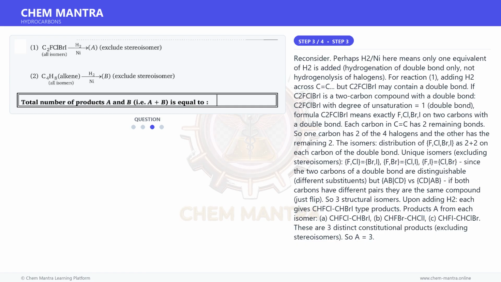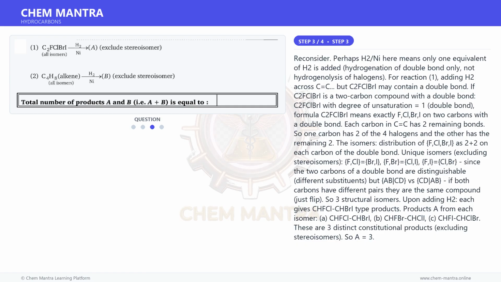If it is a 2-carbon compound with a double bond, degree of unsaturation is equal to 1, the formula means F, Cl, Br, I on 2 carbons with a double bond. Each carbon in C=C has 2 remaining bonds, so one carbon has 2 of the 4 halogens and the other has the remaining 2.